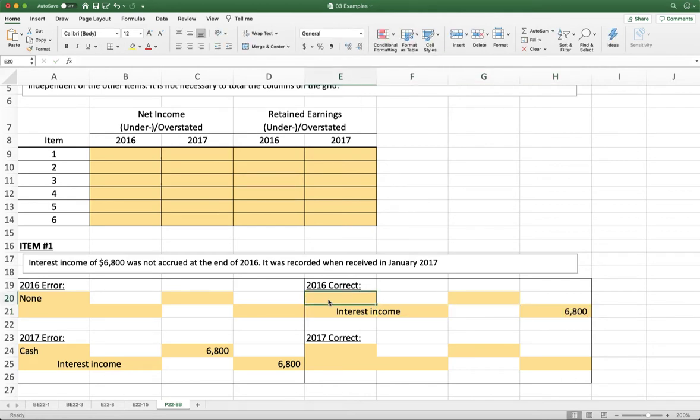So we should have recorded interest receivable, or an asset saying that we're going to get cash in the future. Then in 2017, when we got that cash, we would reverse interest receivable and record the cash.